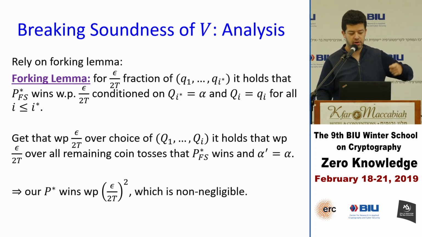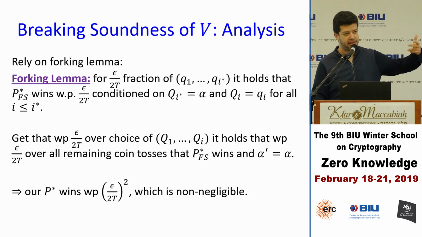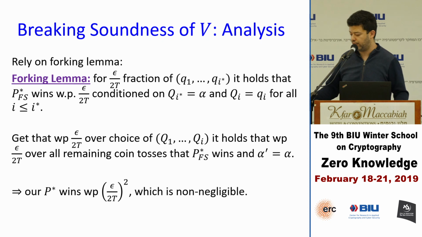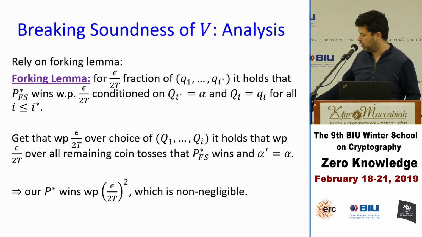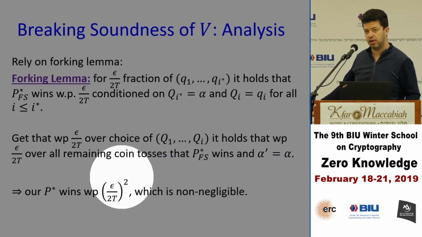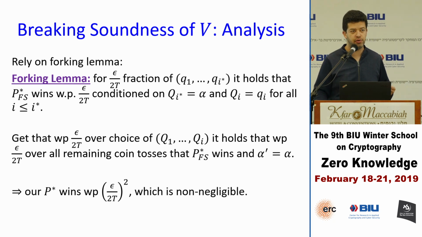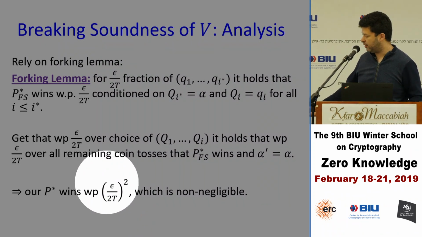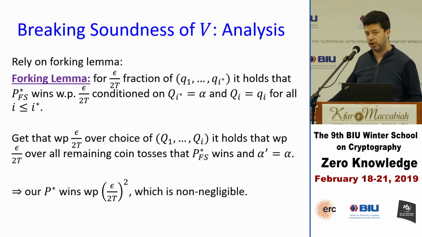That means we have epsilon over 2t probability of this event happening over the qi's, and another epsilon over 2t probability over the remaining coin tosses. So overall, we have epsilon over 2t squared probability of our interactive prover P star winning in the original protocol. Remember that we said that epsilon is noticeable and t is polynomial.